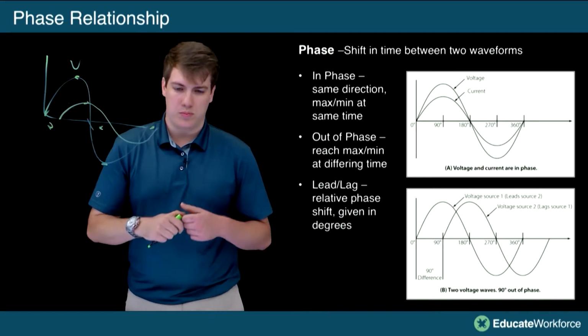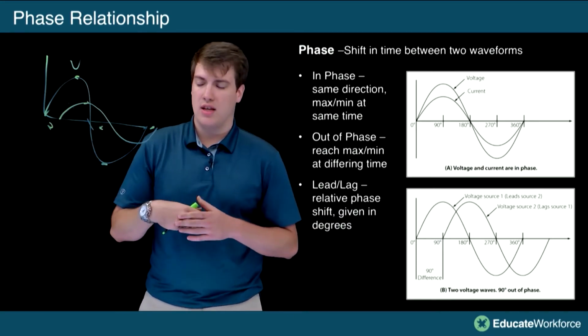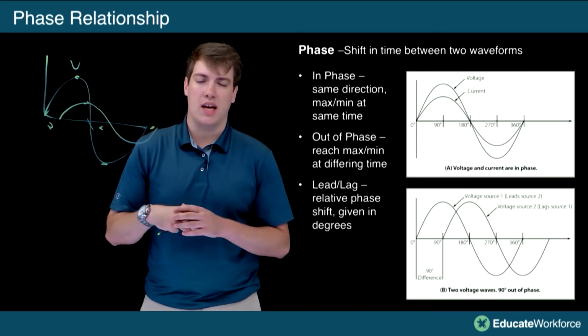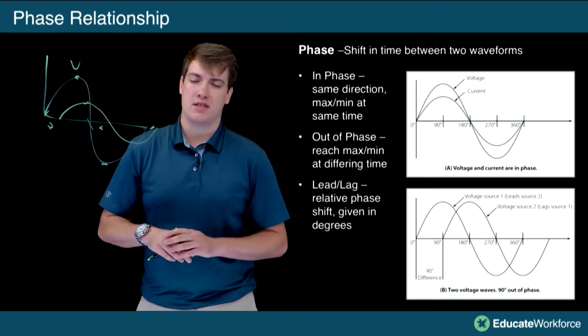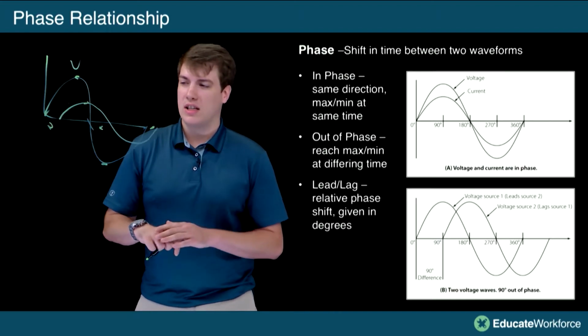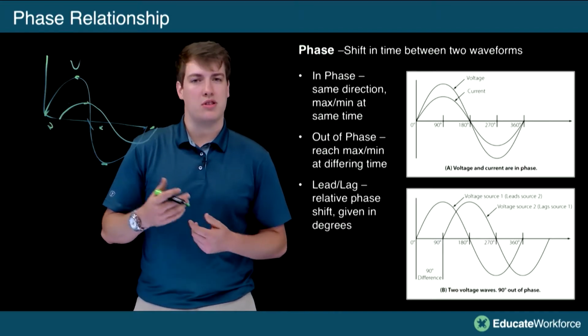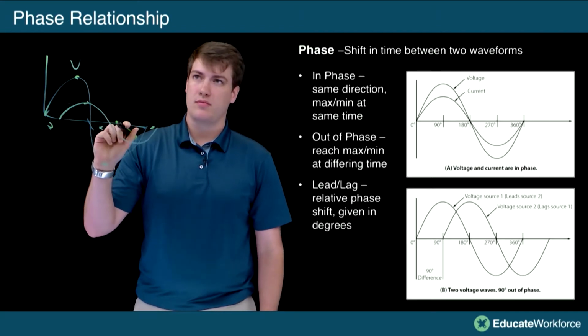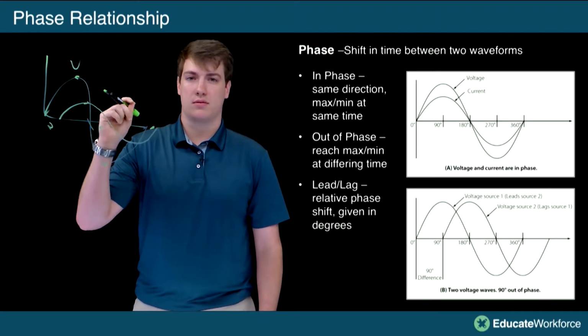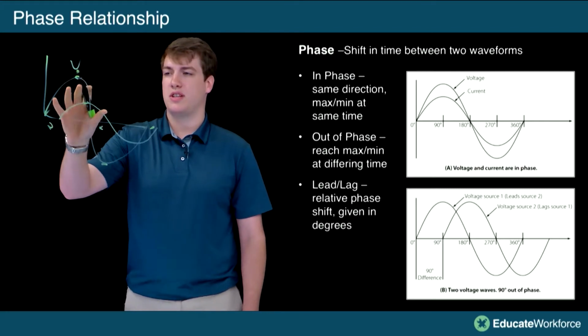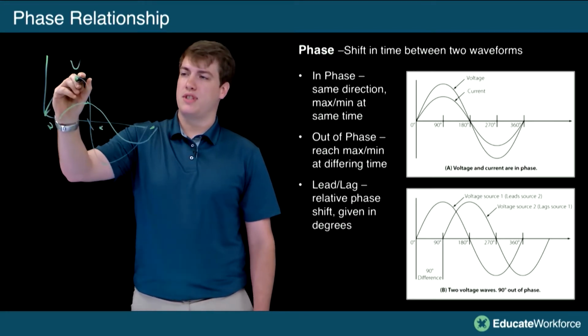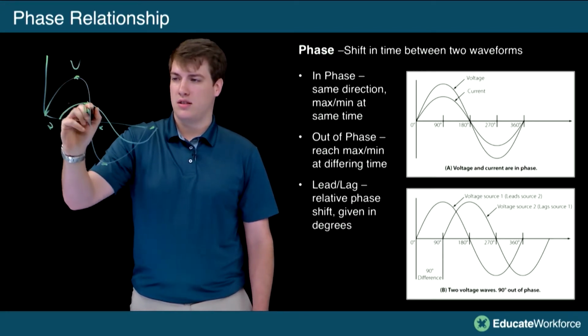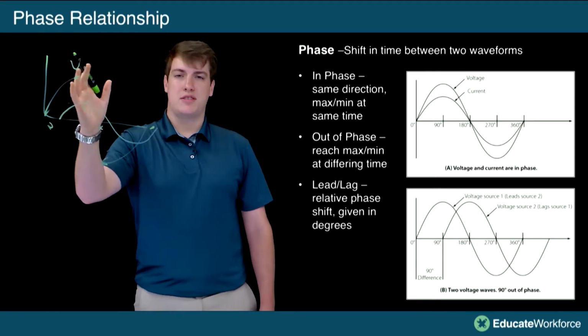So this is our out of phase, but we can talk about them as leading and lagging. And this definition we'll talk about later as well. But leading depends on which one you talk about first. Leading is the one that reaches its maximum value first. So in this particular instance, we can say voltage is leading current, I, because it reaches a maximum first.